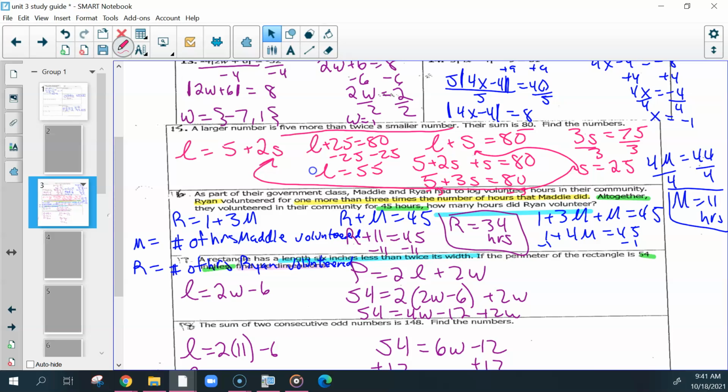There's one section of just word problems. How many more problems do we have? I want to say it's 4, but I can look.